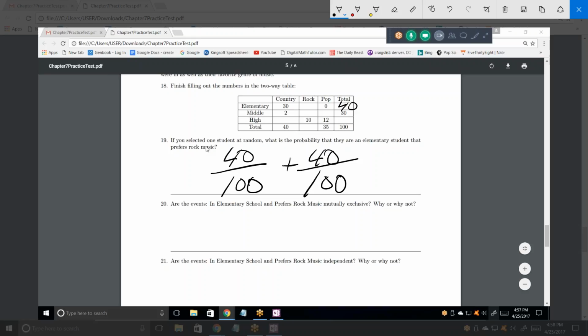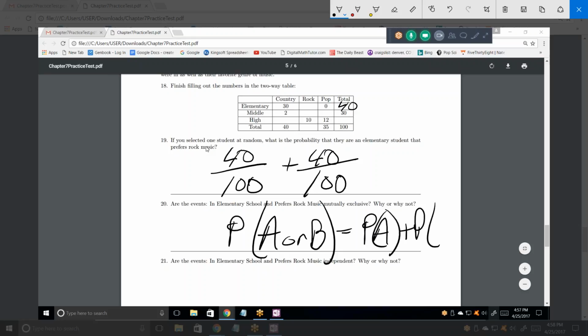So that is the probability of A or B, which is, I believe, the probability of A plus the probability of B minus the probability of A and B. And the probability of A and B, what was it?